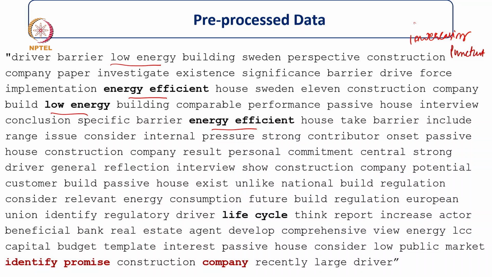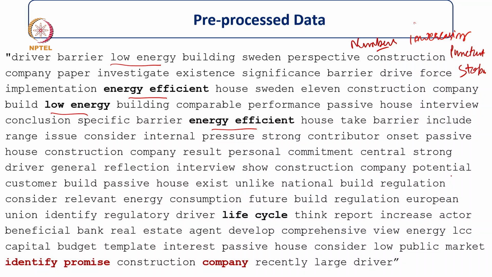After this, we have removed stop words, so the common words have been removed, and after removing the stop words, we have removed the extra white space. There is no extra white space between the words, and we have also removed the numbers. This abstract doesn't have numbers, and finally we have done the lemmatization.